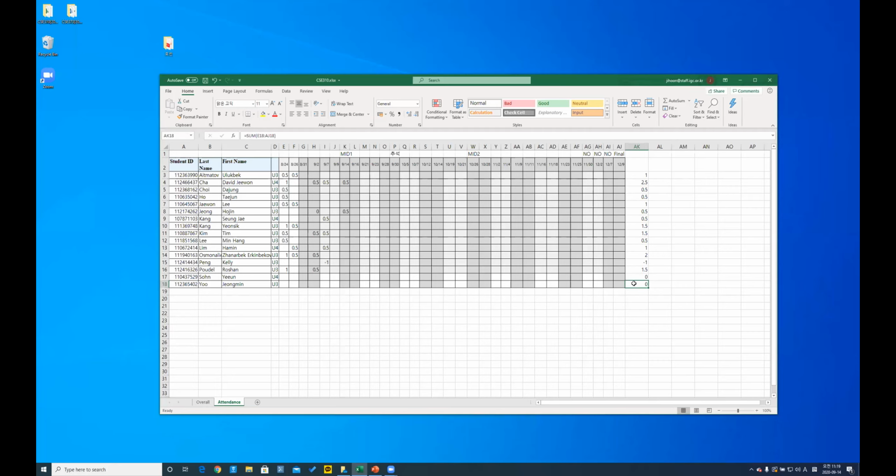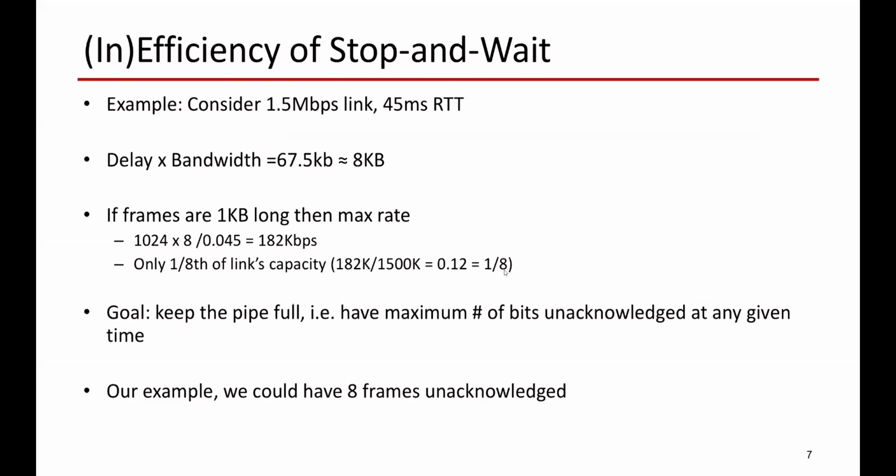Okay, so Yeun and Jungmin, any strategy to make this more efficient? Okay, Yeun. So how can you overcome this inefficiency? You can raise your voice.